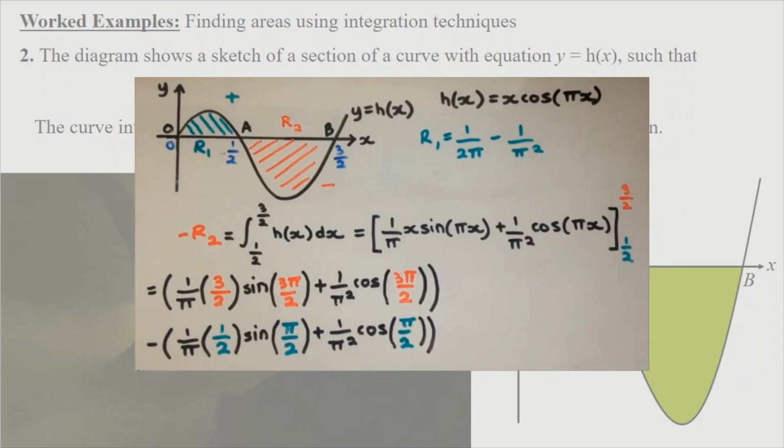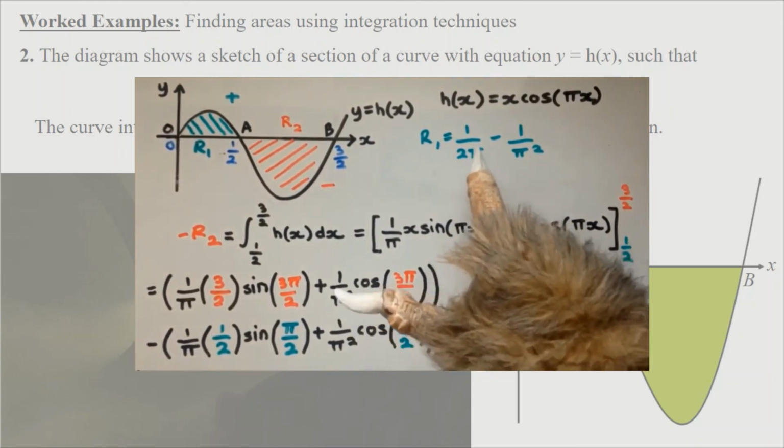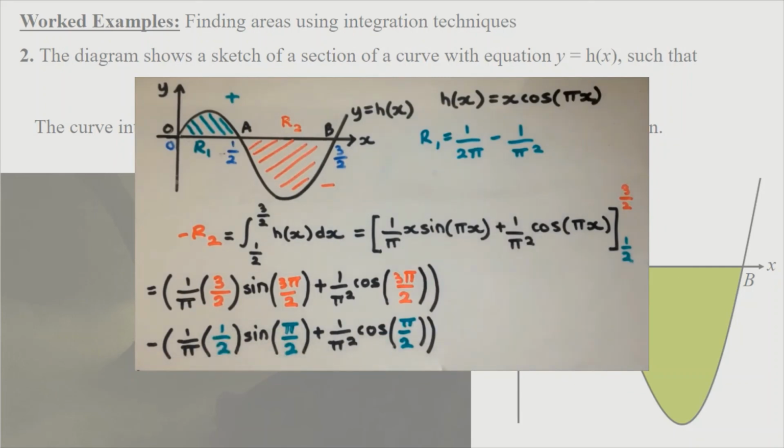And remember that this lower limit, we actually evaluated it as the upper limit for R1, which we wrote down. So I know all of this is going to give us 1 over 2 pi. So all I really need to worry about is what's going on in the upper limit. So let's have a look. Well, 1 over pi multiplied by 3 over 2, that's obviously a value.